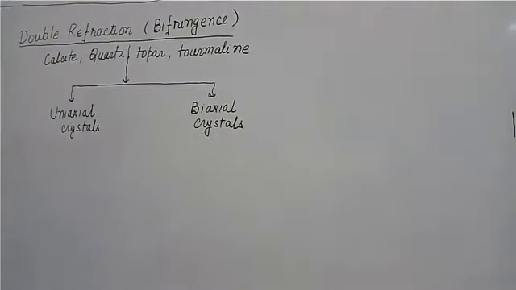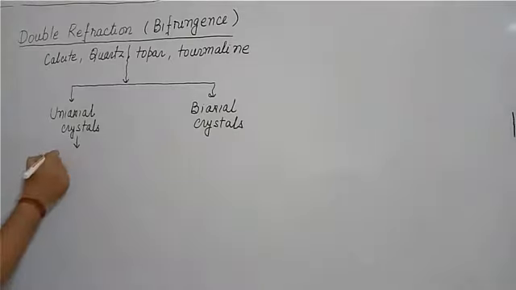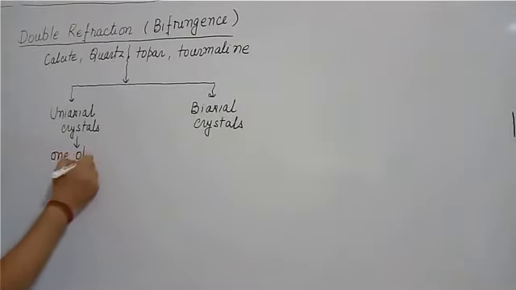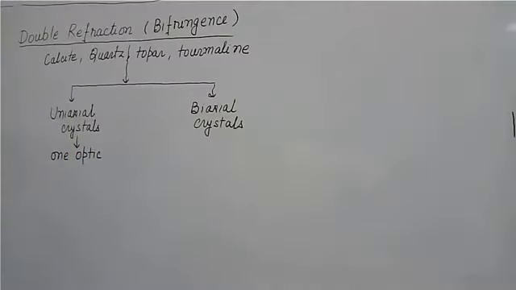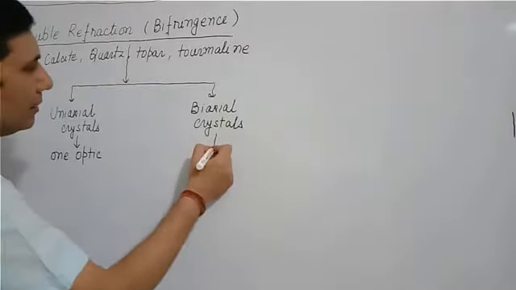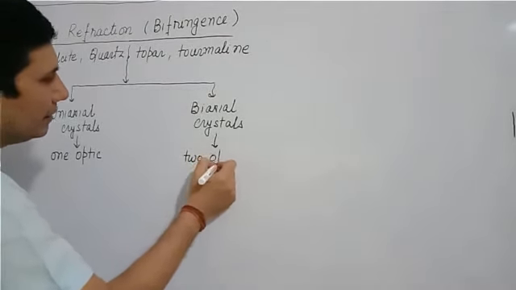One is known as uniaxial crystal, and another is known as biaxial crystal. Uniaxial crystals are those doubly refracting crystals which have one optic axis, and biaxial crystals are those crystals which have two optic axes.